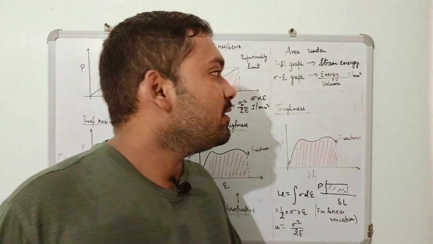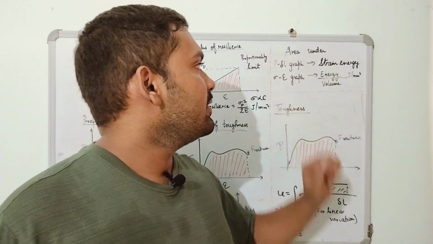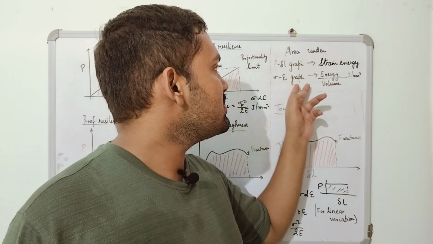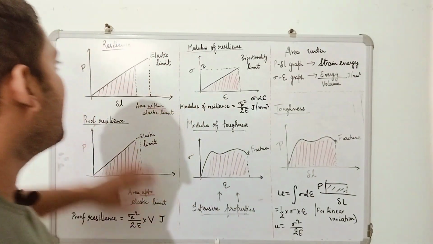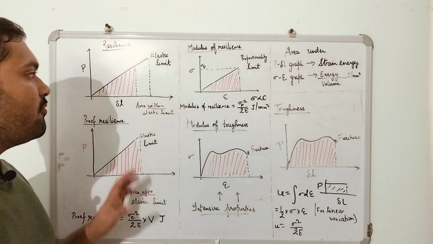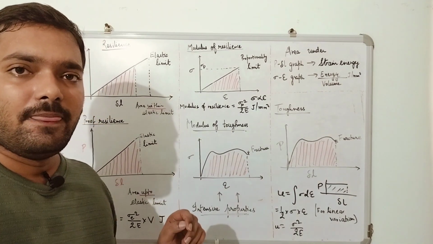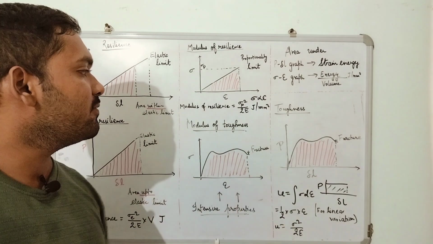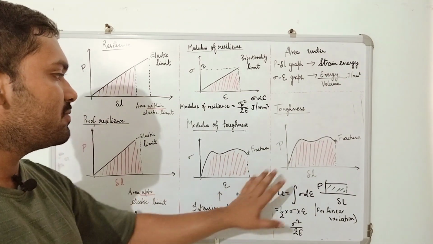So I hope you must have understood these two things, that area under load displacement graph gives us strain energy, and area under stress strain graph gives us strain energy per unit volume. So starting with resilience, before this I want you to know one thing, that these three graphs, resilience, proof resilience and toughness, are on load deflection graphs.